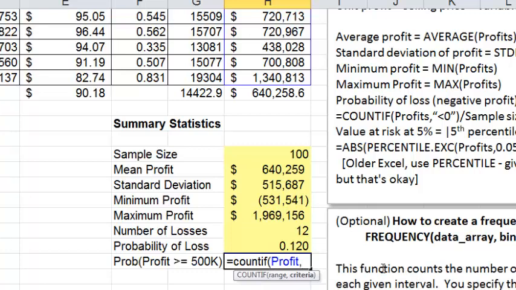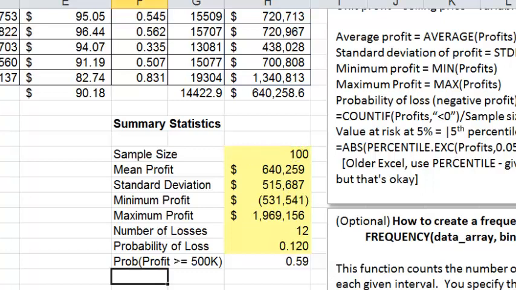Then the criteria is greater than or equal to 500,000, in double quotes, and then close the double quotes. That will give me the count, and I need to divide this by 100 to get the probability. So that gives me 0.59. So it says there's a 59% chance of making at least $500,000 in the first year. So perhaps we might go into this product.